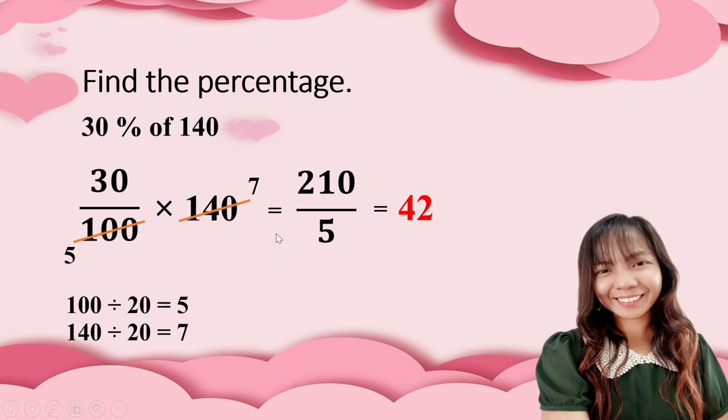Again, you have to simplify your answer when necessary, okay? So our answer here is 42. The 30% of 140 is 42.